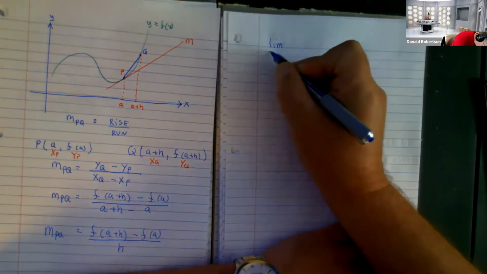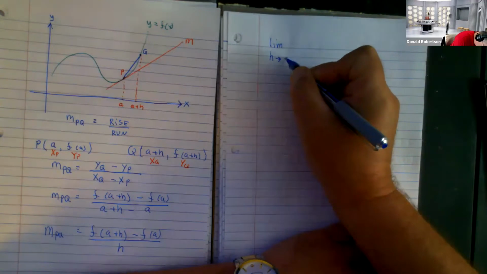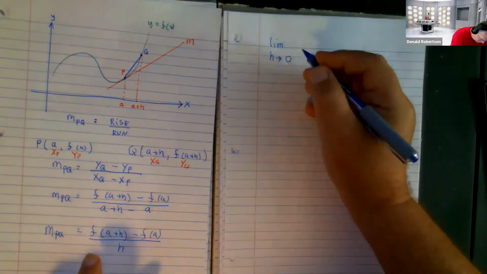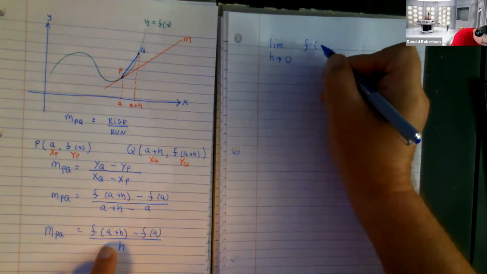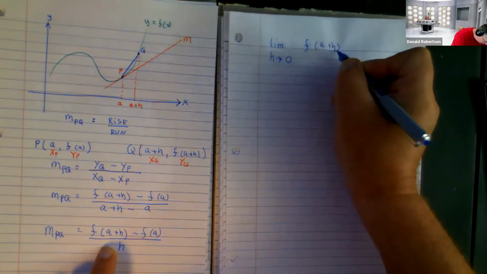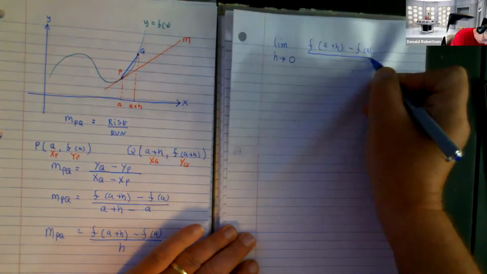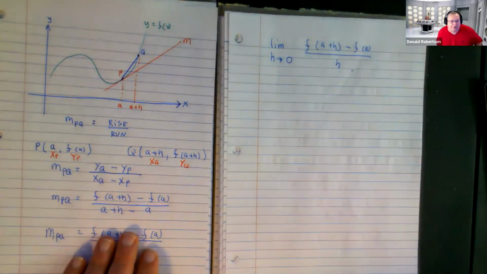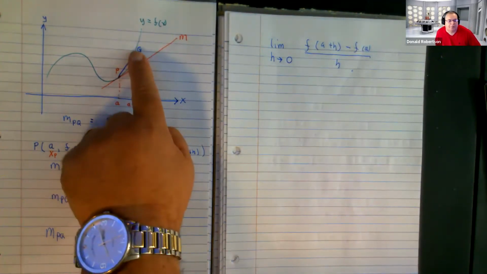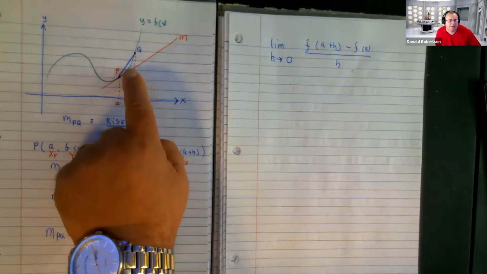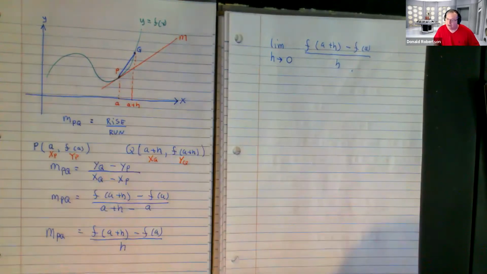If you find the limit as h tends to 0 of the slope of this secant line joining P to Q, which is given by this expression, what you're physically doing here is, aren't you bringing Q infinitely close to P? In other words, you're shrinking it down to it isn't even there anymore.